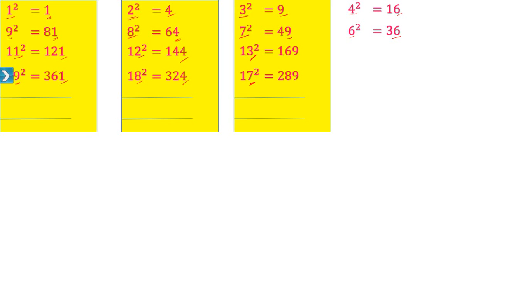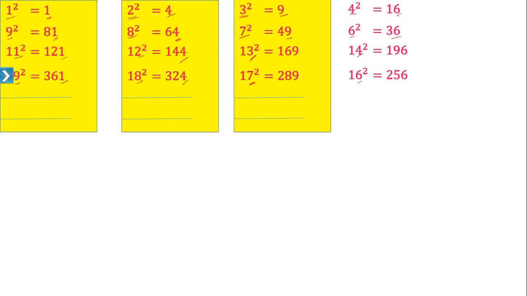Now the next square number is square of 14. 14 square is equal to 196, which ends with 6. 16 square, which ends with 6, that is 256. If we have 4 or 6 in the units place, then its square ends with 6.